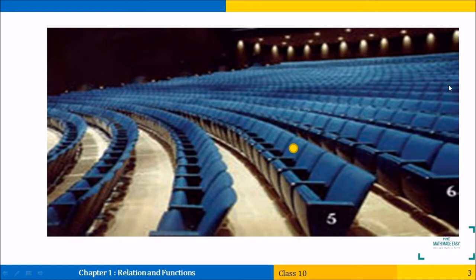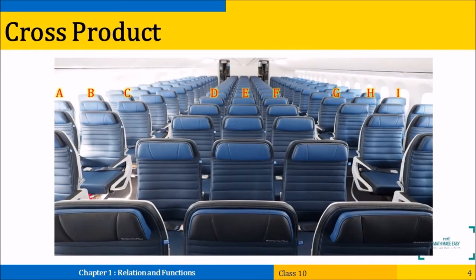Also, if you have been traveling in an aeroplane, you would have a number of seats. You have 9 seats in a row. Let's number them A, B, C, D, E, F, G, H, I, and you have many rows here. Let's consider your seat number is 26I, so you will go to the 26th row and occupy a window seat, since I is the end side of that plane.